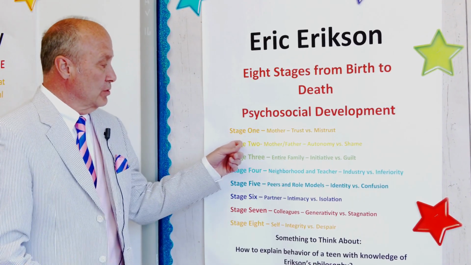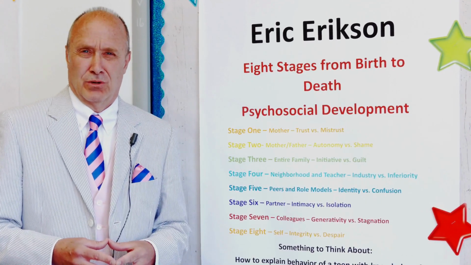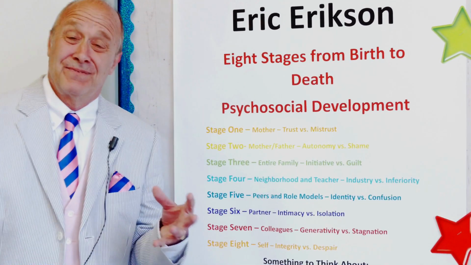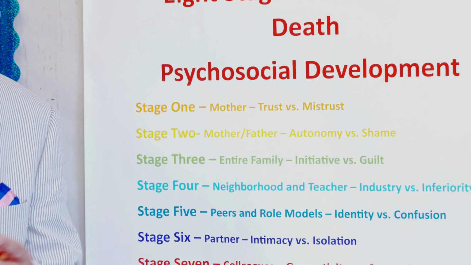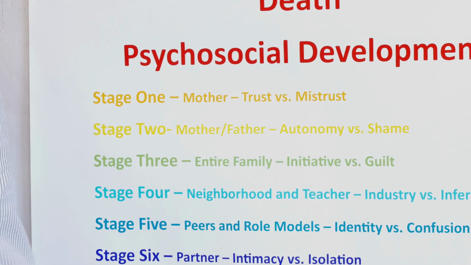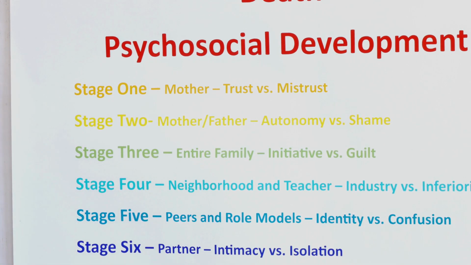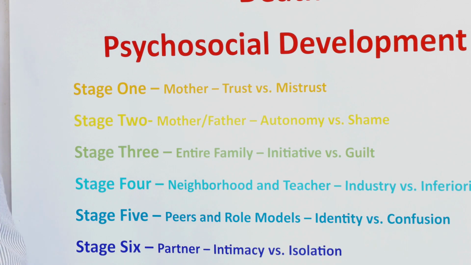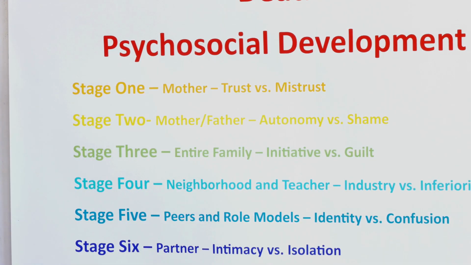So, in other words, stage 1, the mother is most important. Make sense? Or if there is no mother in the picture, it's that one person. It might be the grandmother. It might be the father. Who is most important? That one person. And then when we go to stage 2, it's the mother and father, or if there's 2 mommies or 2 daddies, it's that next person that's most important.